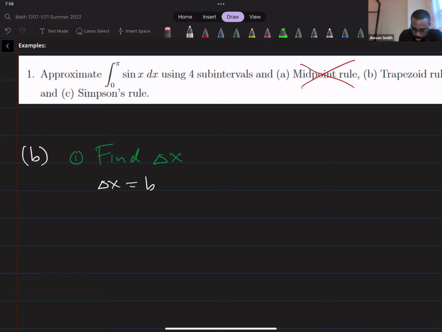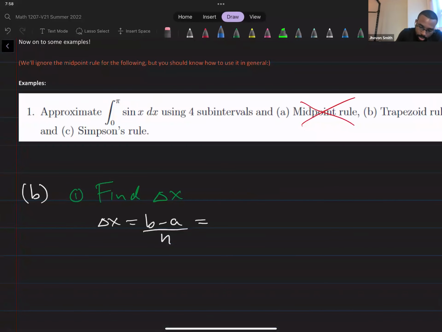So here, obviously, this tells you your interval a, b is 0 to pi. And your sine function, your f, is sine of x. And here, I think we told you 4.